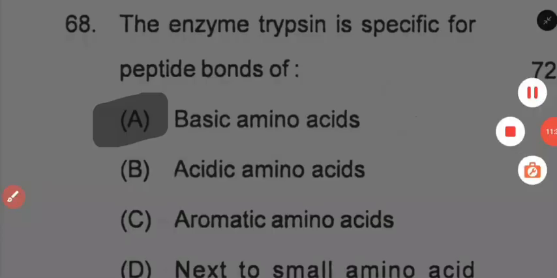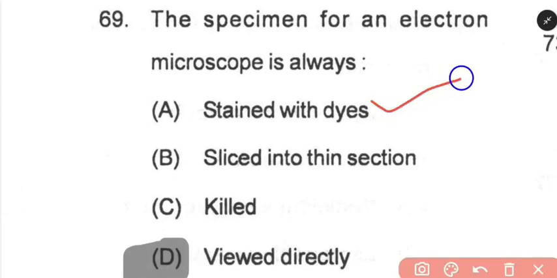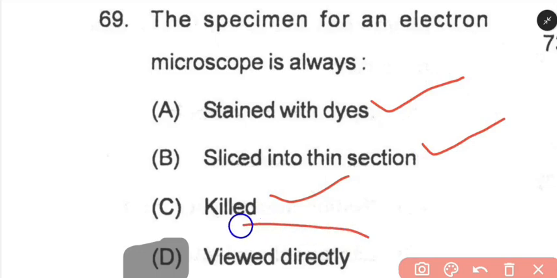Next question. The specimen for an electron microscope is always stained with dyes, sliced into thin sections, killed. It is viewed directly.